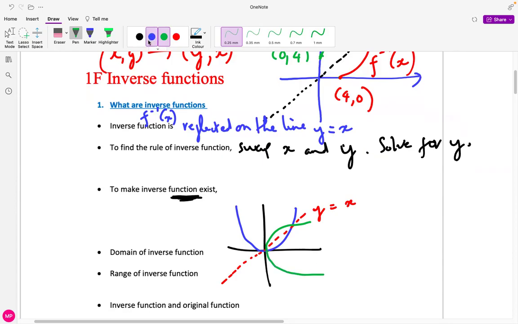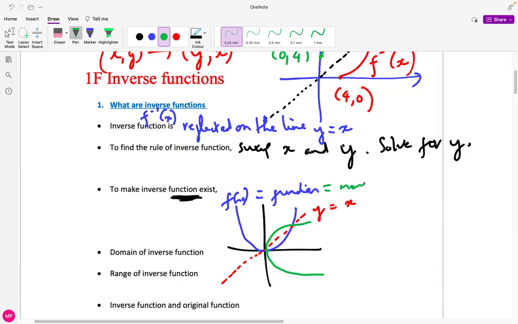So you can see the original is a parabola, so the original is a function, right? However, the inverse is a sideways parabola, which is not a function because it doesn't pass the vertical line test. So for that reason, some functions will have an inverse, and some functions will not. So what's the condition for the inverse function to exist? At the moment, you can see the original function here is many-to-one, and it is a parabola.